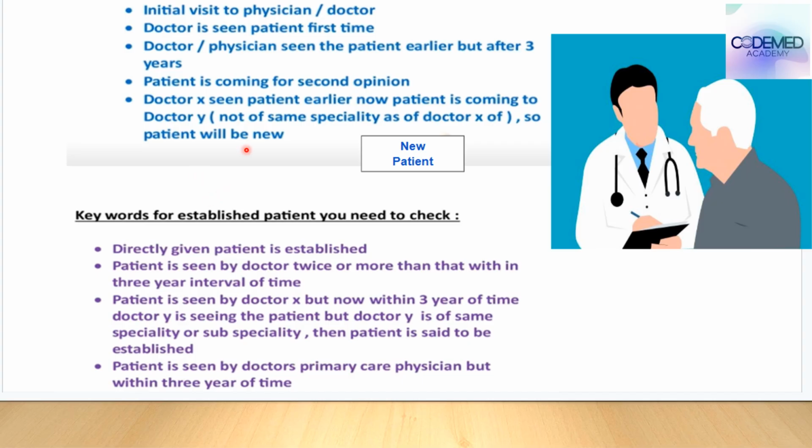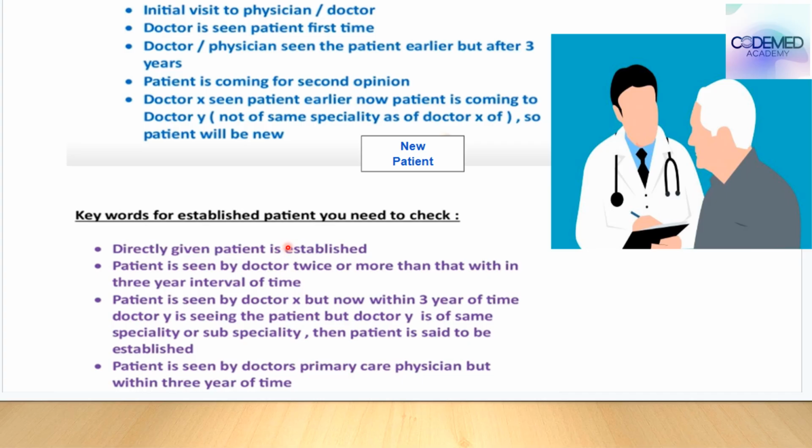Dr. X has seen the patient earlier, now the patient is coming to Dr. Y, not of the same specialty as Dr. X. So the patient will be a new patient. I gave you the example of cardiology and oncology. Dr. X has seen the patient maybe 1 year back, but now the doctor is Dr. Y and he is from oncology. So then also it's a new patient.